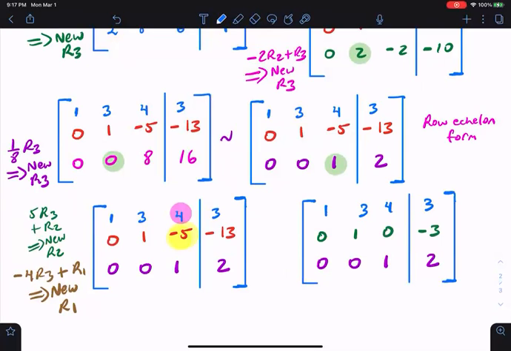Plus row 1, which is 1, it would be just 1, right? -4 times 0 is 0. Plus row 1 is 3. -4 times 1 is -4. -4 plus 4 is 0, so this 4 goes away. -4 times 2 is -8. -8 plus 3 is -5.